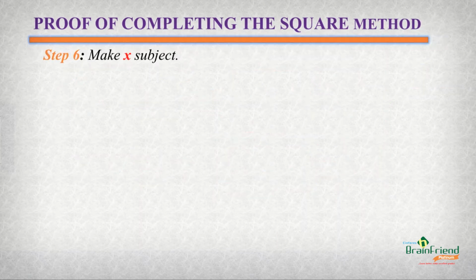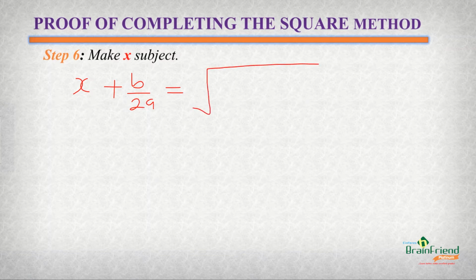Next is our sixth step, which is to make x subject. Remember, making x subject simply means making x subject of the formula. So how do we do that? Our last equation, we stopped at x plus b over 2a, and we said it's equal to the square root of minus c over a plus (b over 2a) all squared, right?